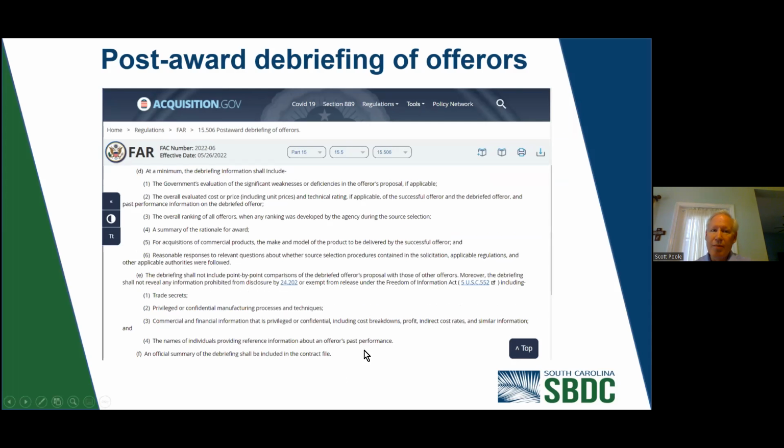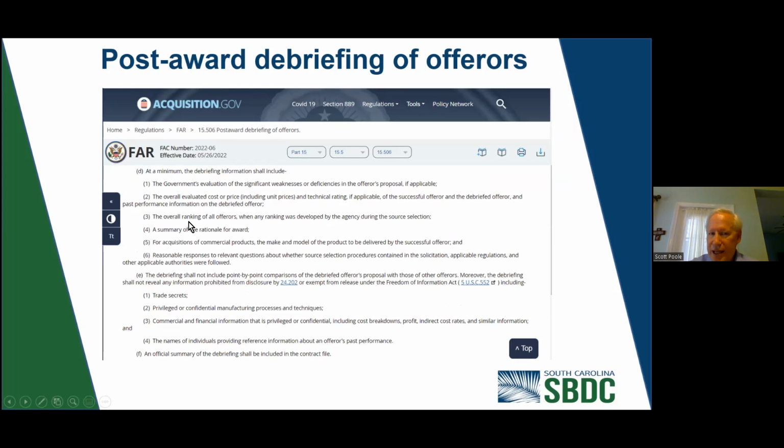But at a minimum, you'll find the government's evaluation of significant weaknesses or deficiencies in the offeror's proposal, if applicable. And you're not doing this all together, they're coming individually to you. Now, the overall evaluated cost or price and technical rating of the successful offeror and the debriefed offeror, and the past performance of the debriefed offeror.